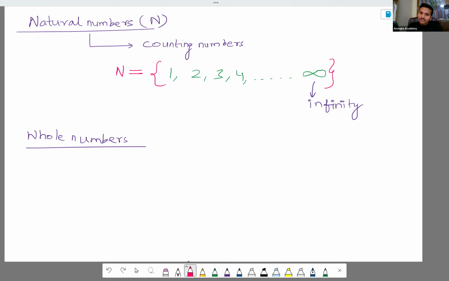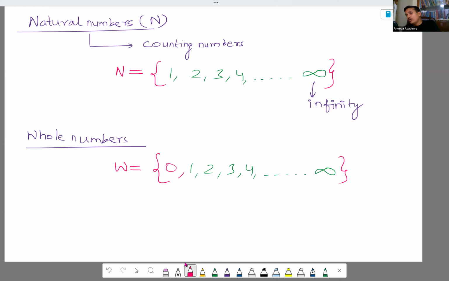If you have 0 along with the natural numbers like 1, 2, 3, 4, 5, 6, 7, up to infinity, the collection of numbers starting from 0 and going up to infinity is whole numbers.